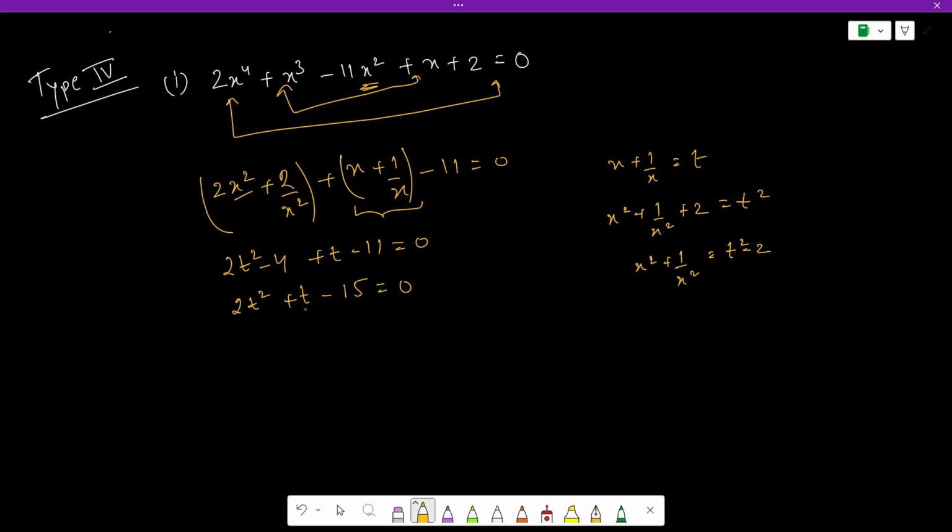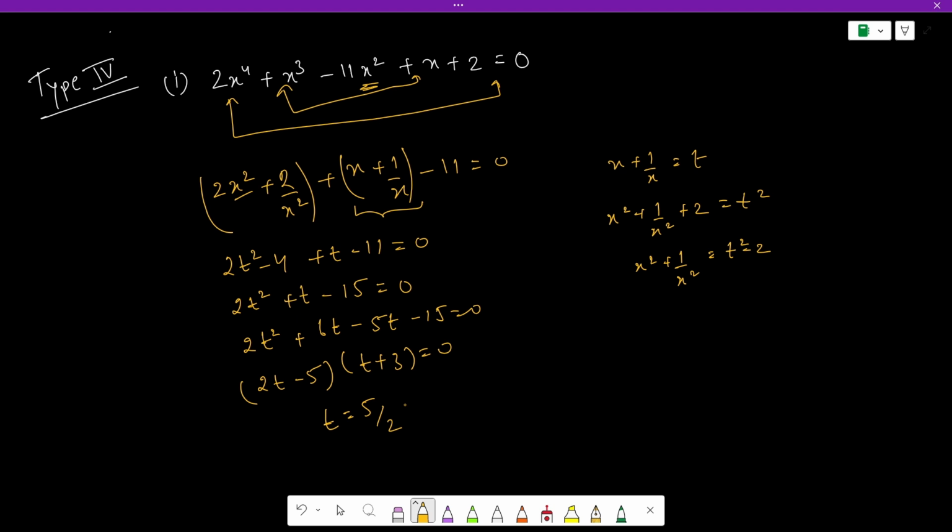Now we want the product to be minus 30 and the sum to be 1. So this becomes 2t squared plus 6t minus 5t minus 15 equals 0. 2t minus 5 into t plus 3 equals 0. So t comes out to be 5 by 2 and minus 3.